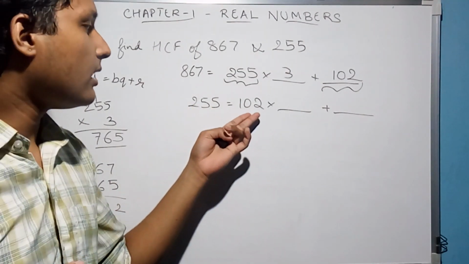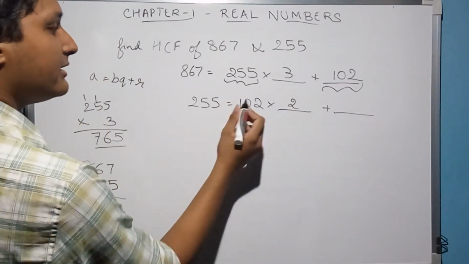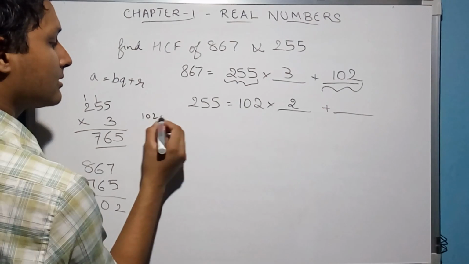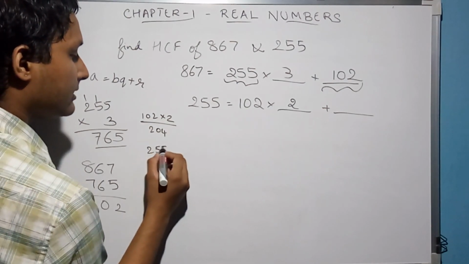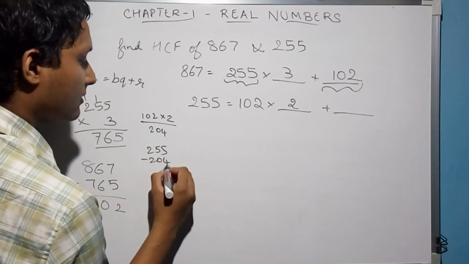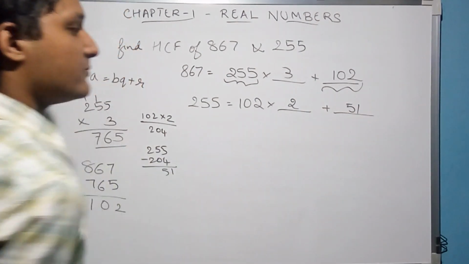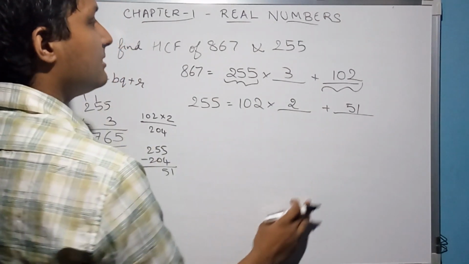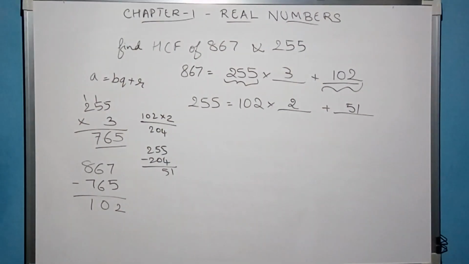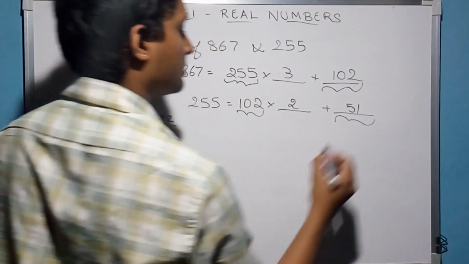So a maximum of 2 can be multiplied. So 102 into 2 is 204. 255 minus 204 gives 51. 51 is remaining as a remainder. Here again some remainder is remaining.